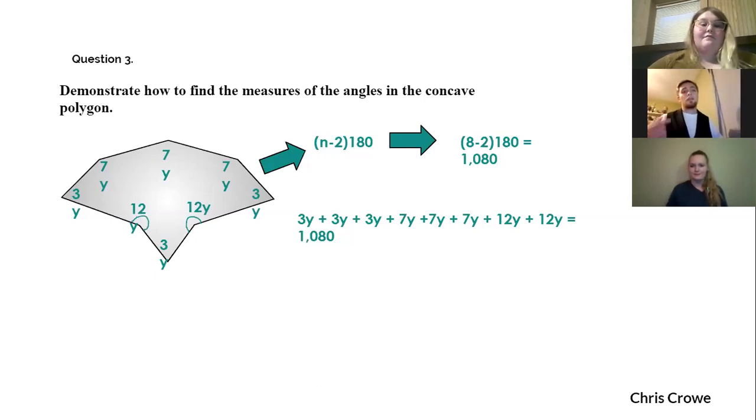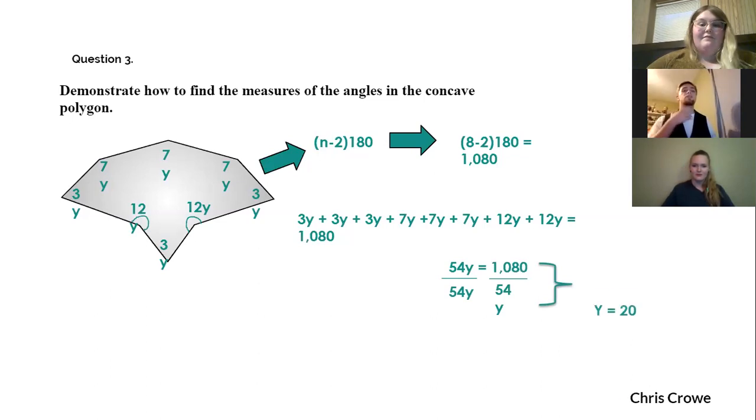So 8 minus 2 times 180 is 1080. We take all of the angles within the figure and add them together, and that's going to be 1080. So 54y equals 1080. Then we divide both sides by 54, which isolates y and gives us y equals 20.